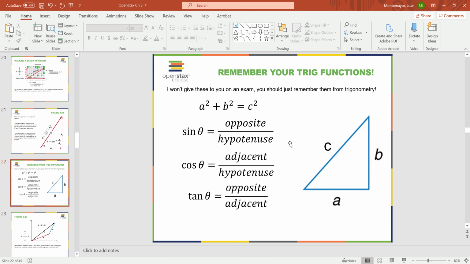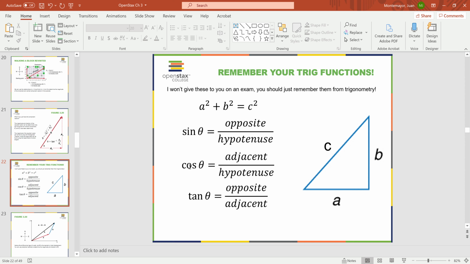So all these are related back to math, you know. For your sine theta, you can use your opposite over your hypotenuse. And like I said, it really just depends on where your theta is. So if your theta is here, you're going to use your opposite here over your hypotenuse, your long resultant vector, over your c. So this would be b over c.